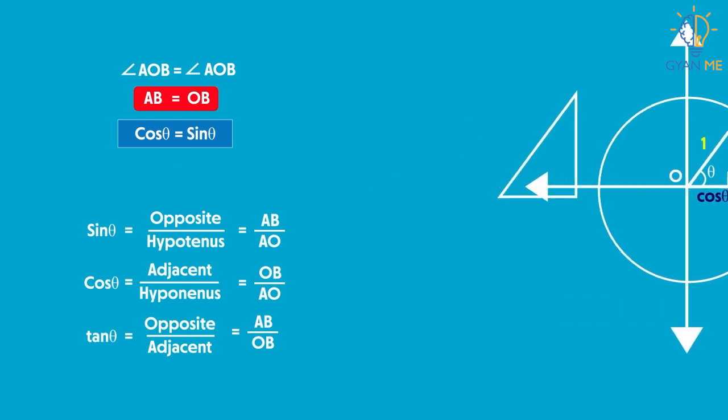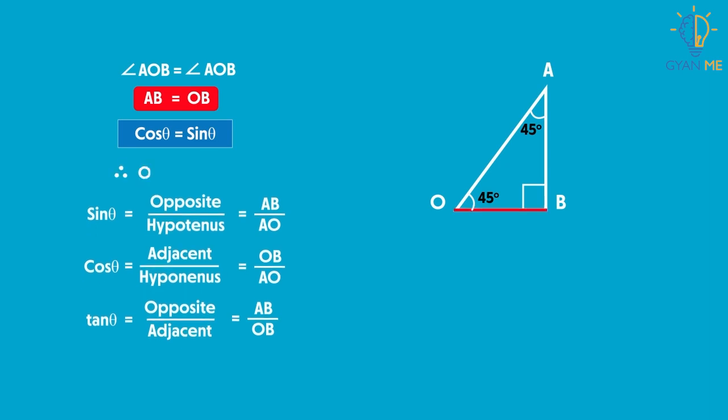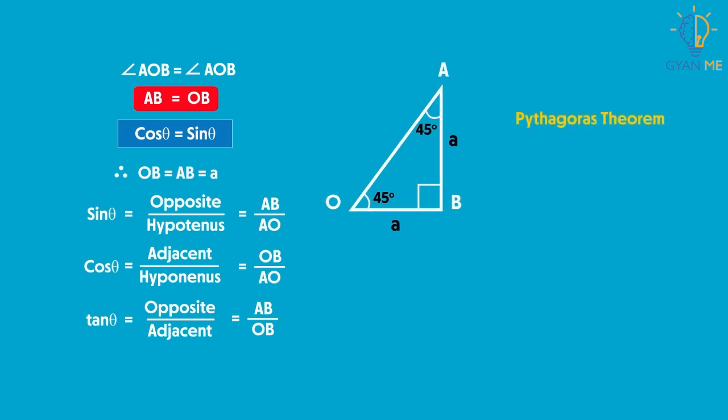We take this triangle out like this from the circle. So now in triangle AOB, right angled at B, if one angle is 45, obviously the other angle is also 45. We know it's an isosceles one. Therefore, let us say OB equal to AB equal to a. Then let's apply Pythagoras theorem to this triangle.